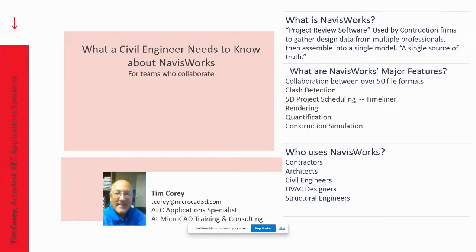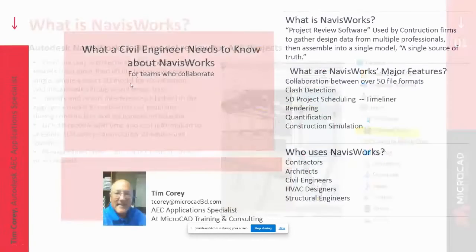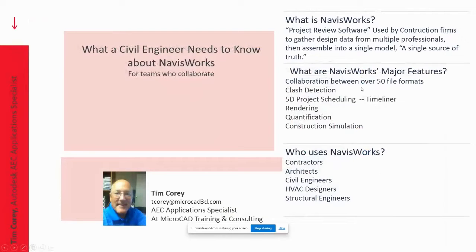And that becomes, and you've seen this quote before, a single source of truth, which has kind of become cliche over the years because it's been used so much, but that is an important statement. You want to have a single model that you can go to prove what you think is the right way to build this or not. Okay, so then we talk about what are NavisWorks' major features, and I'll be going through these.